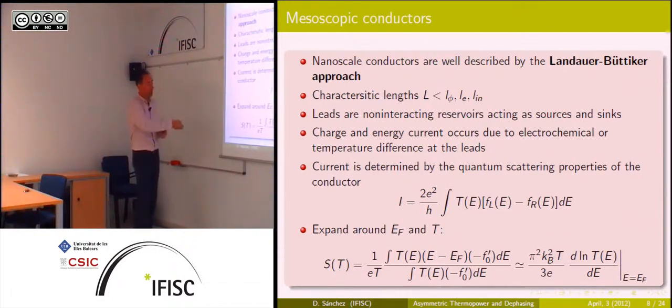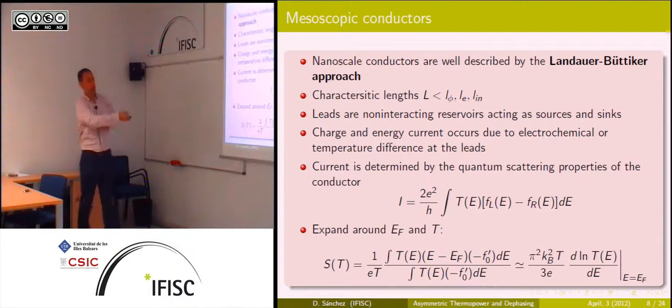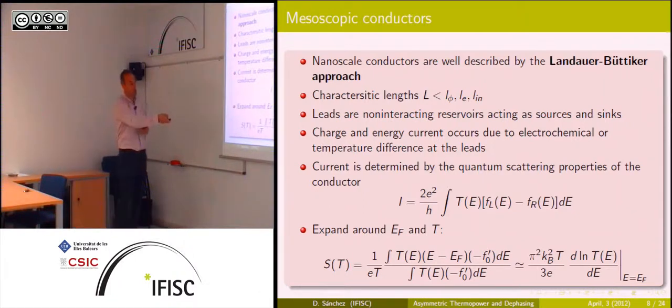So the thermopower is just the energy derivative of the logarithm of the transmission, evaluated at the Fermi energy. It depends weakly on the energy dependence of the transmission. It goes to zero when the temperature is zero.